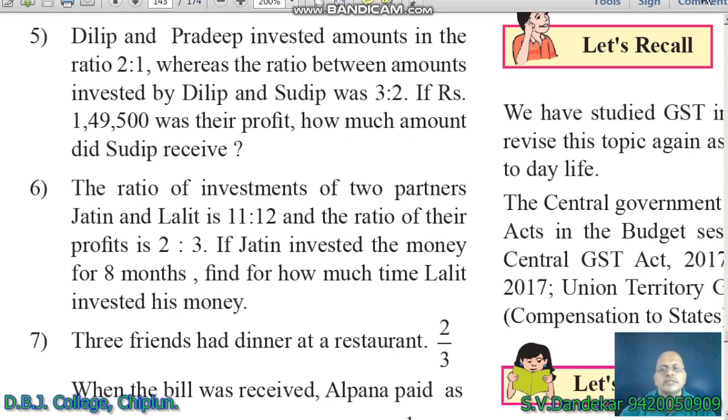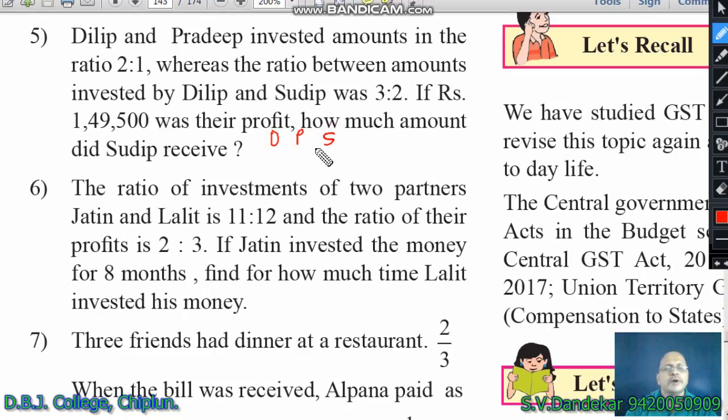Now here in this problem, Dilip, Pradeep and Sudip invested the amounts. Dilip is to Pradeep 2 is to 1 and Dilip is to Sudip 3 is to 2. Now take their product so that this becomes Dilip is to Pradeep is to Sudip.